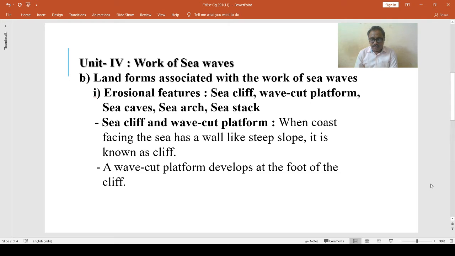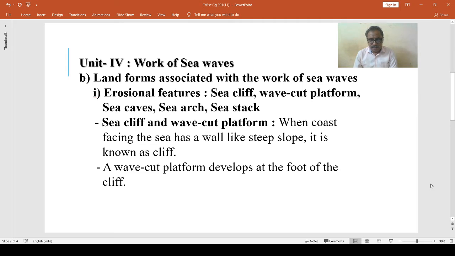If the coast has an alternate structure of hard and soft rocks, the rate of weathering is less, while if the coast consists of soft rocks, the rate of erosion is more.